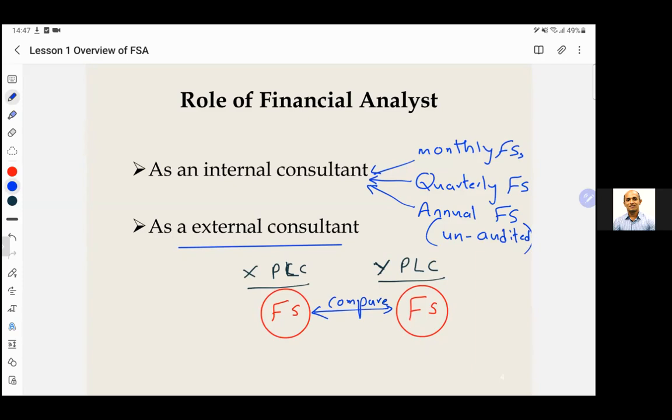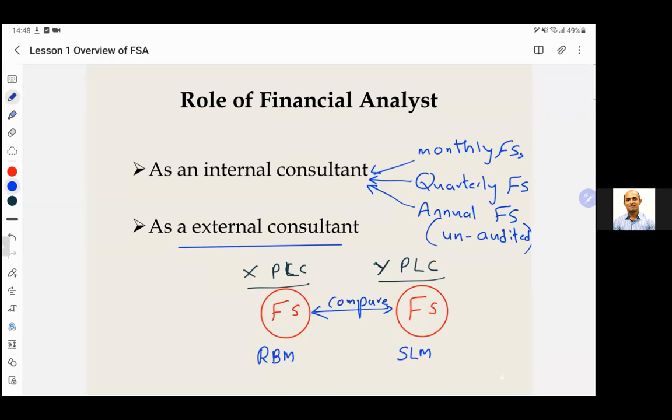For example, let's say XPLC depreciates assets on the reducing balance method, and YPLC depreciates on the straight line method.